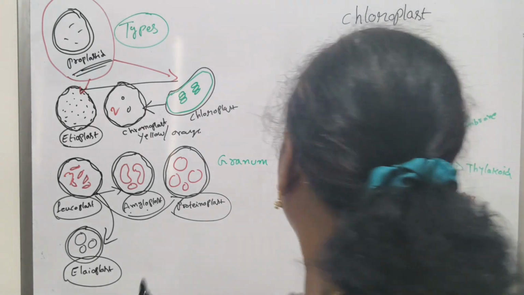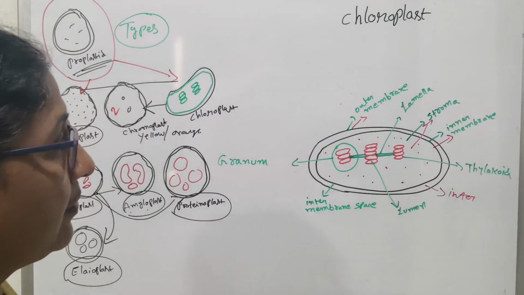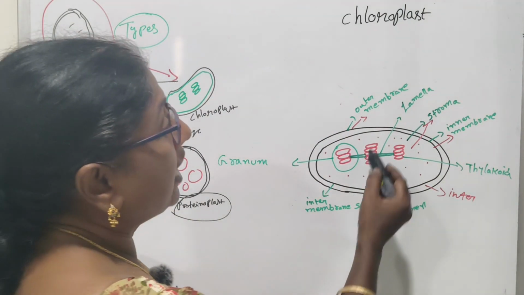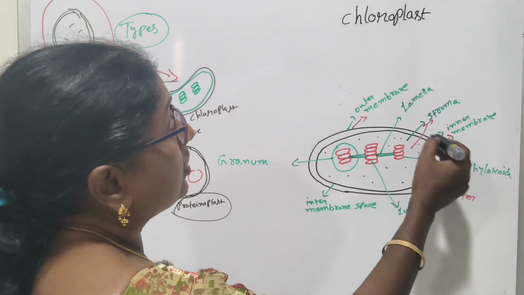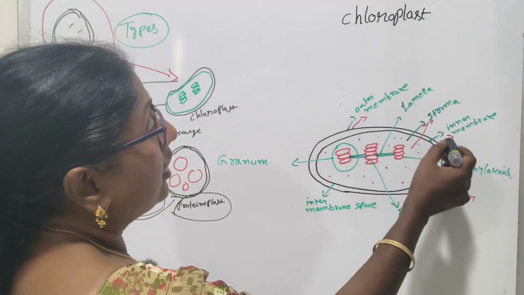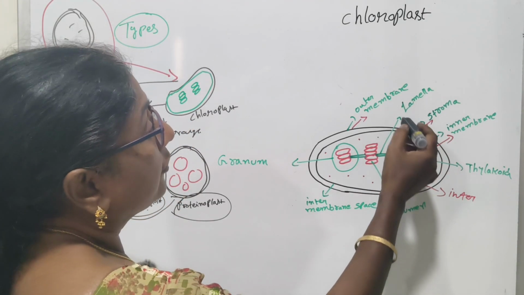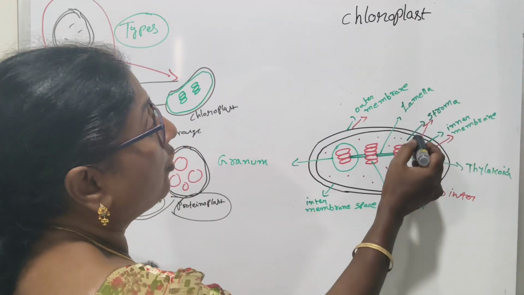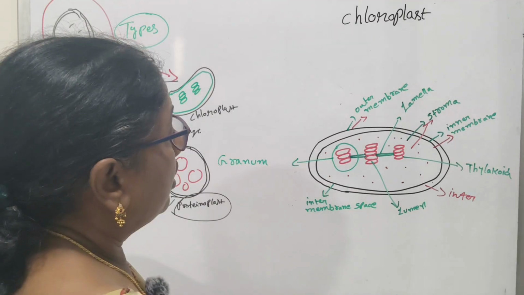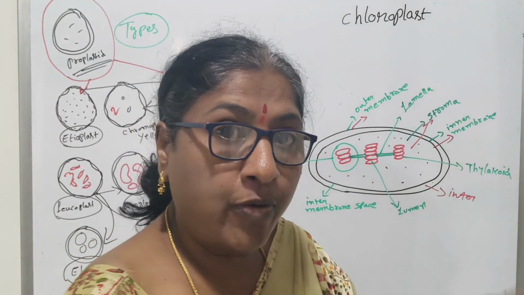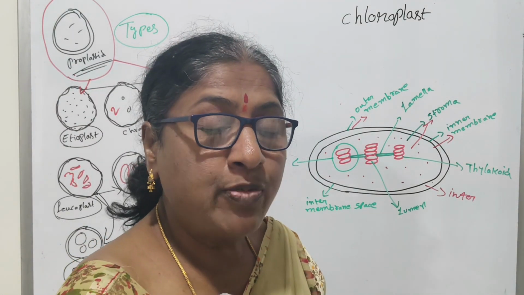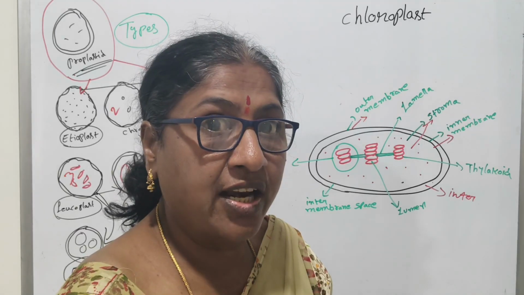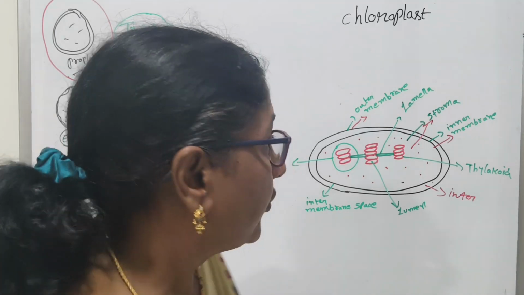So coming to the structure of the chloroplast, chloroplast is a double membrane structure. It shows an outer membrane, an inner membrane, the intermembrane space, and the stroma. Within the chloroplast you can see an arrangement of disc-like structures one on another.